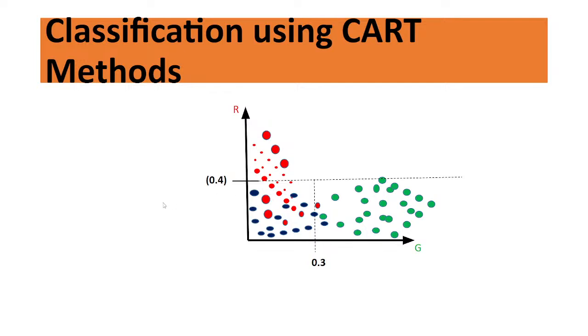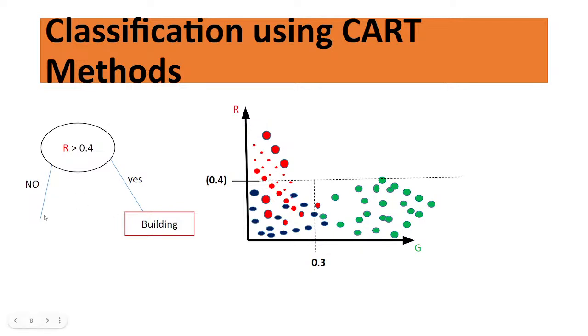And also, suppose I take red greater than 0.4. Then the question is yes or no. If it is yes, then it will be building or built-up area, because 0.4 and above will be built-up area. When this condition is true, suppose red is greater than 0.4, then it will be building.